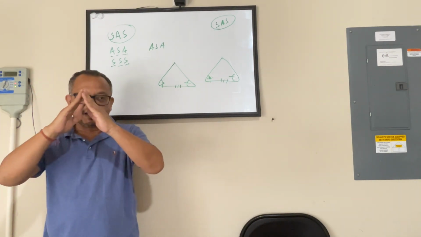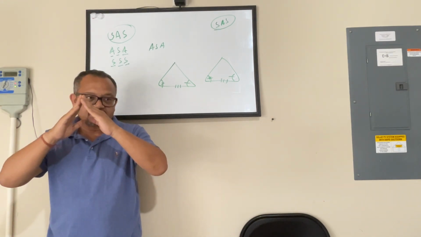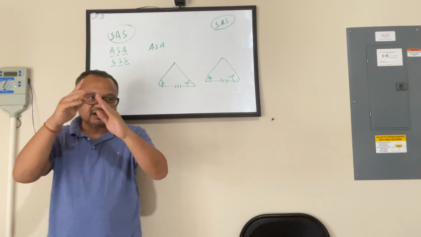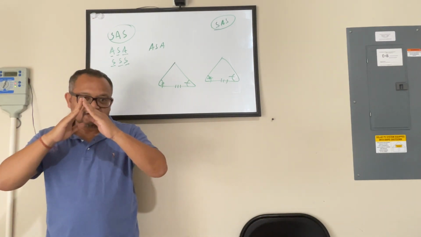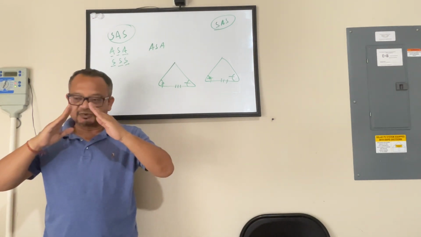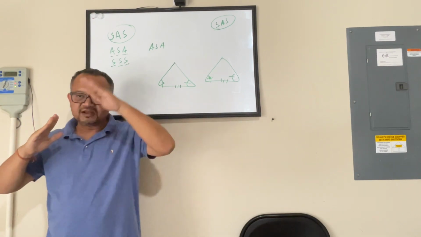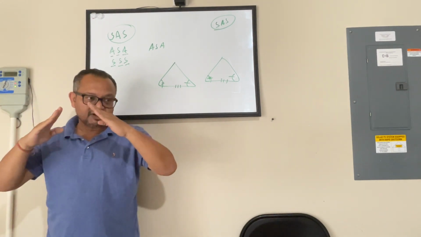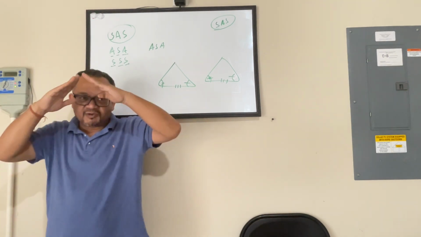If I keep my elbows at the same distance and do not change my angle, this arm length and this arm length are actually fixed. It cannot change. If I keep the inclination of my arm the same and move it far, these two will become bigger.